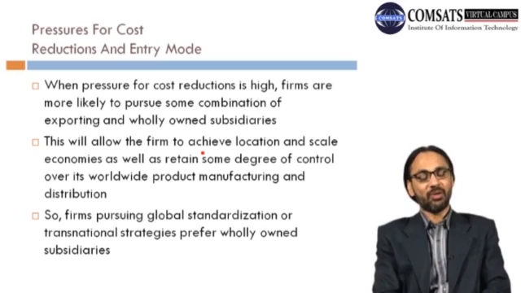But normally, when the pressure of cost reduction is high, more likely you are going to adopt a strategy which will be the combination of exporting and wholly owned subsidiary. This will allow the firm to achieve location and scale economies, as well as retain some degree of control over its worldwide product manufacturing and distribution.